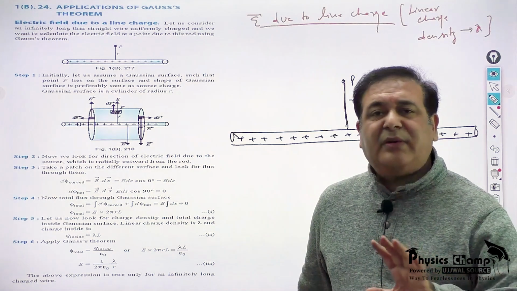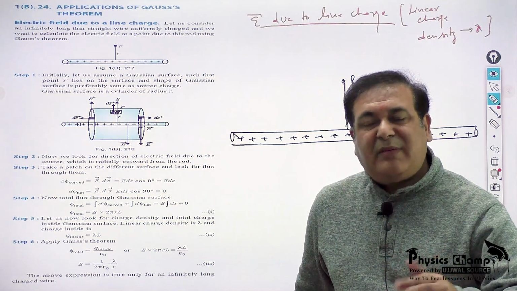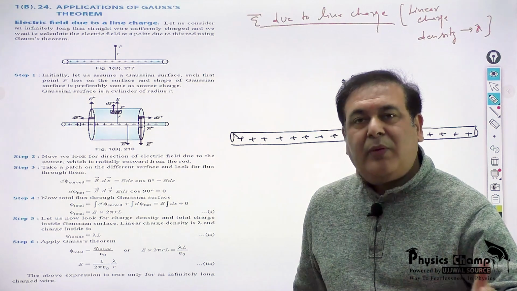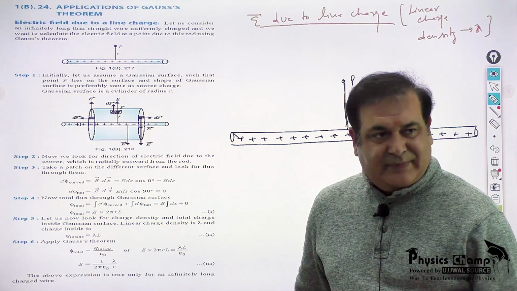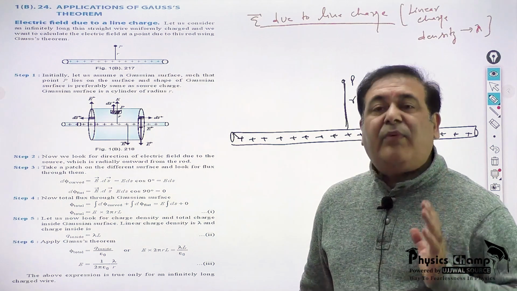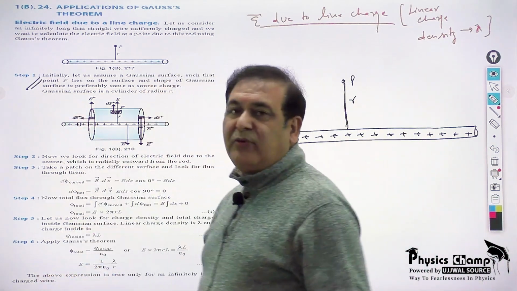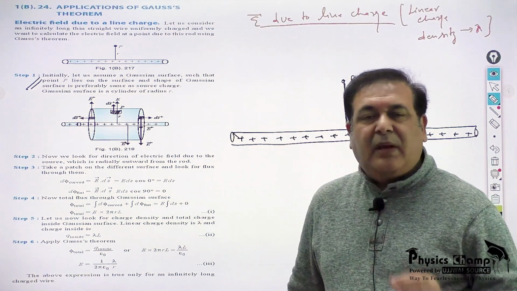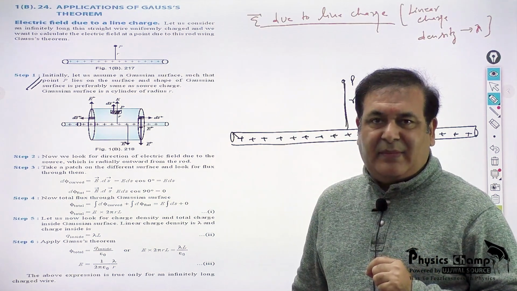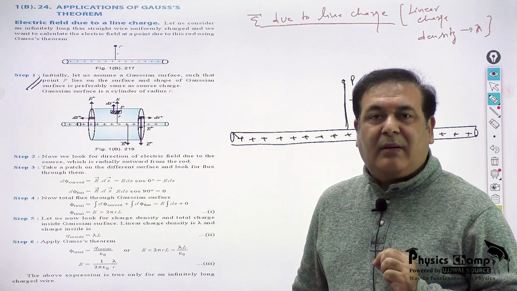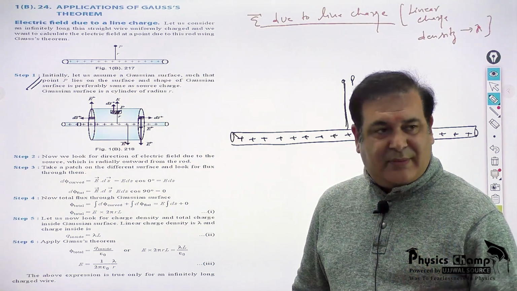So we have certain steps. These steps will be the same in all the 4 important applications that we'll study here. Step 1 is, as it is also available in the form of text to you, assume a Gaussian surface such that the point where you want electric field lies on it.